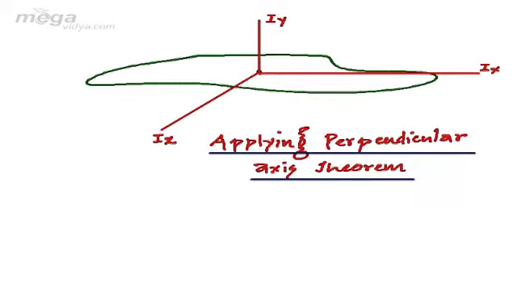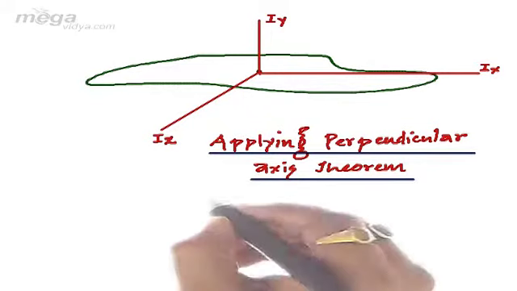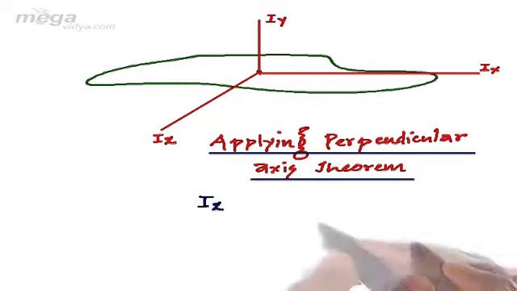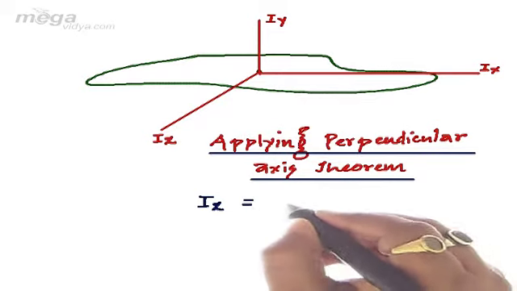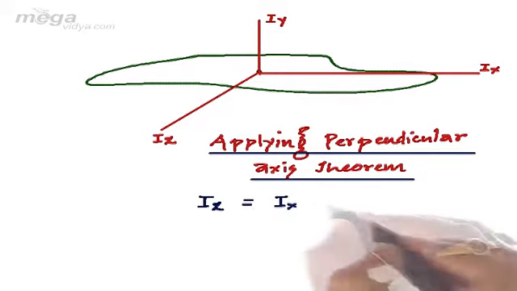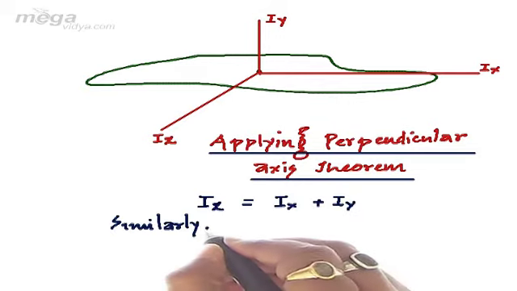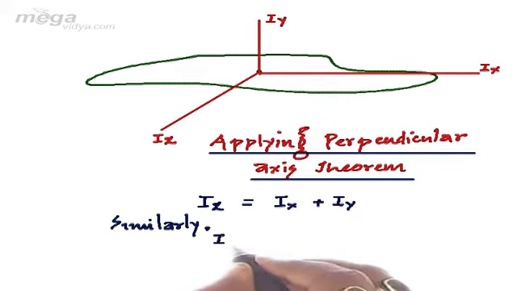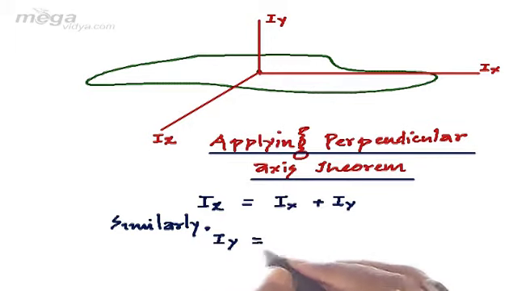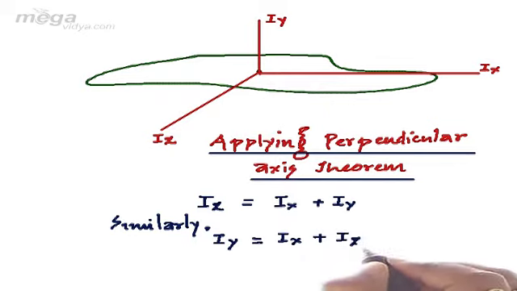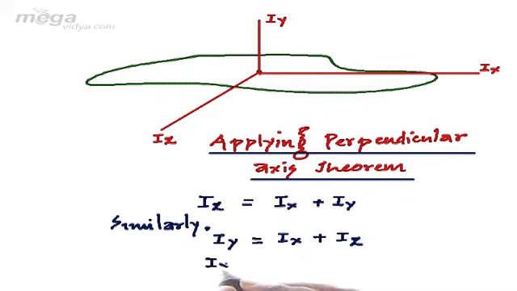Applying the perpendicular axis theorem, the moment of inertia about the z axis, that is Iz, will be equal to the sum of the moment of inertia about the x-axis and that about the y-axis. Similarly, Iy will be equal to Ix plus Iz, and Ix will be equal to Iy plus Iz.